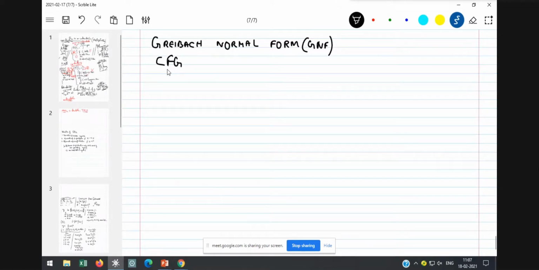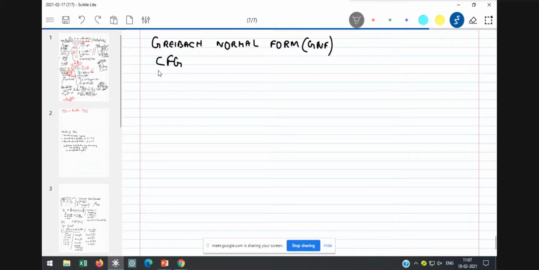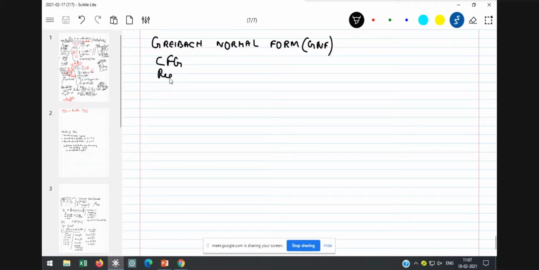You need to perform the pre-processing part, I mean reduction, first. That means removal of useless symbols, unit productions, and epsilon productions. After that, you have to convert it to CNF, and only then can you proceed to conversion to GNF. Okay. That is the procedure.